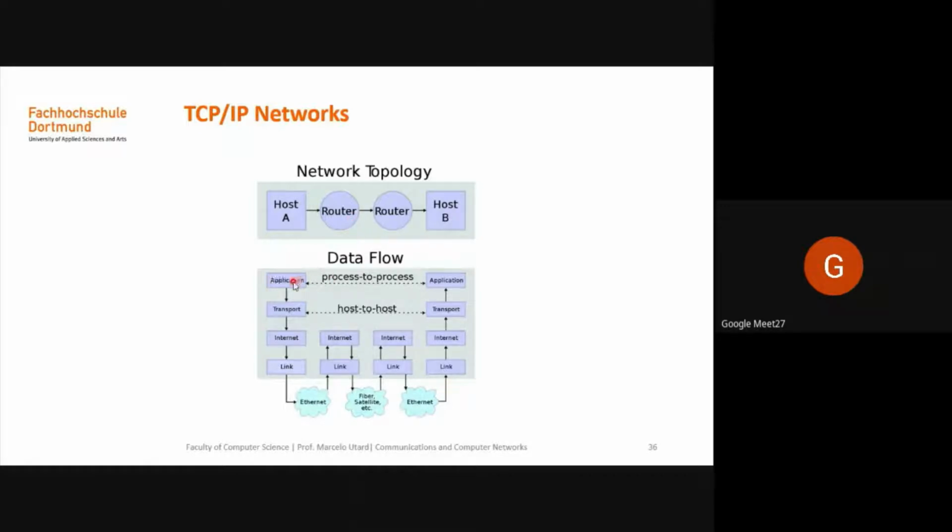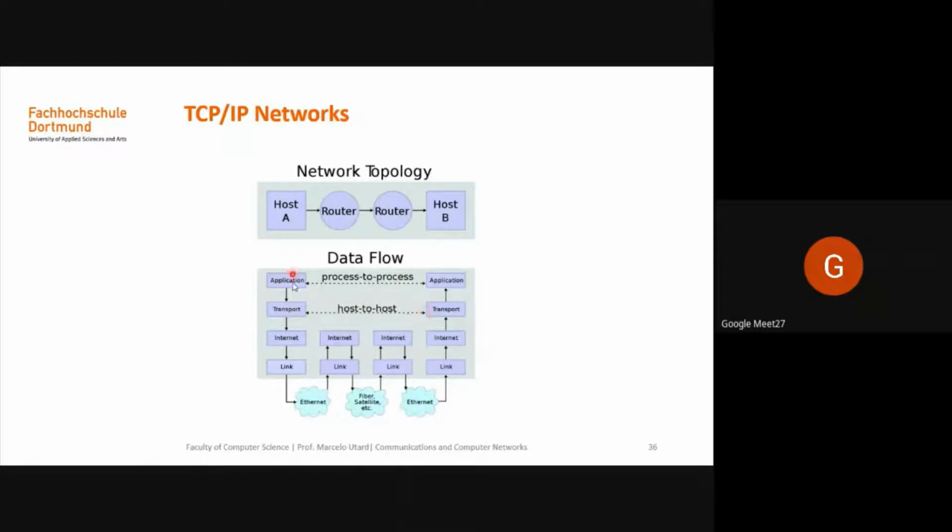Then in the application layer, the communication is end-to-end, between application processes. The transport layer is the layer at which the communication is also end-to-end, but in fact it is not a process-to-process communication, but a host-to-host communication.